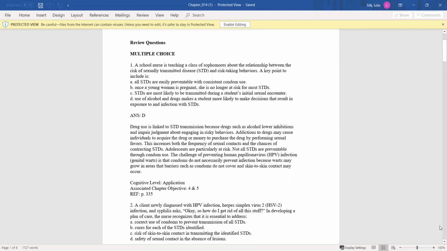What would you want to address? Part of me wants to say A, but I know they don't prevent all STDs. They just can. There's a barrier.